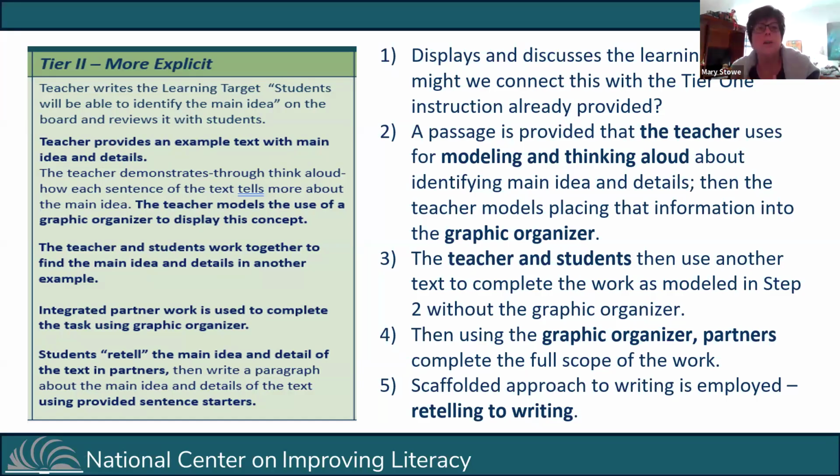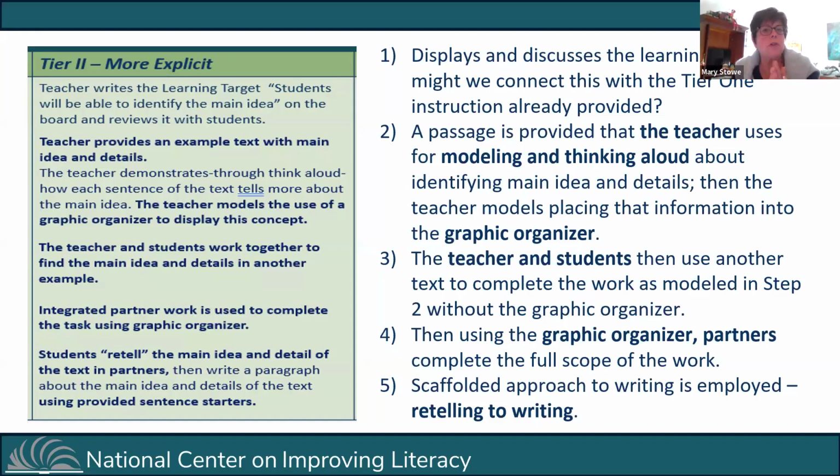The teacher is going to provide a passage and use the modeling and think aloud to identify the main idea and details. So the teacher is going to be even more explicit in regard to what she or he is doing in regard to providing that instruction. But then the teacher is going to also model the use of the graphic organizer at that point.